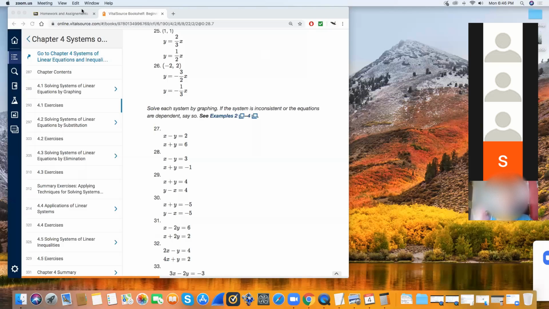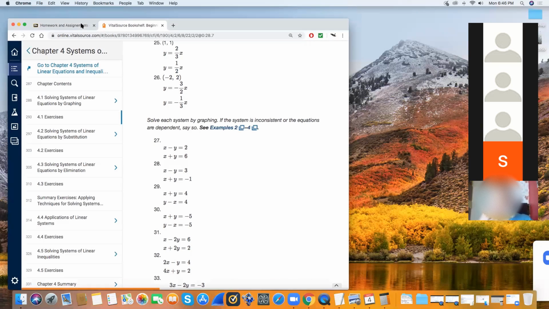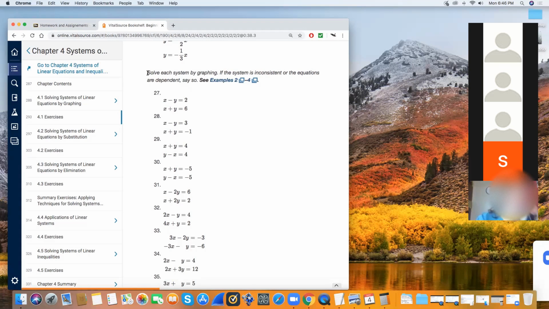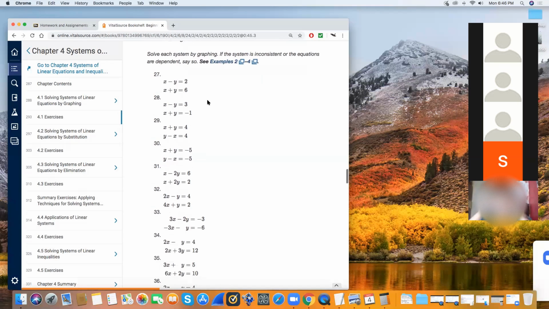Okay, let me show you the question quickly in the book before we open the whiteboard. The question is, solve each system by graphing, and say if the system is inconsistent or the equations are dependent. We just solved a system in the previous example, but it was by substitution.